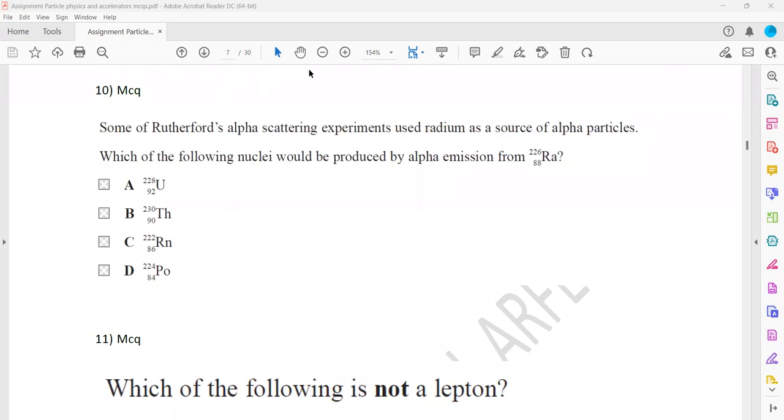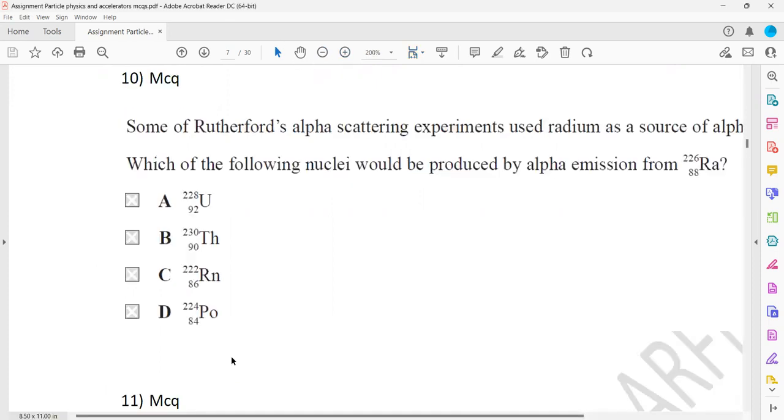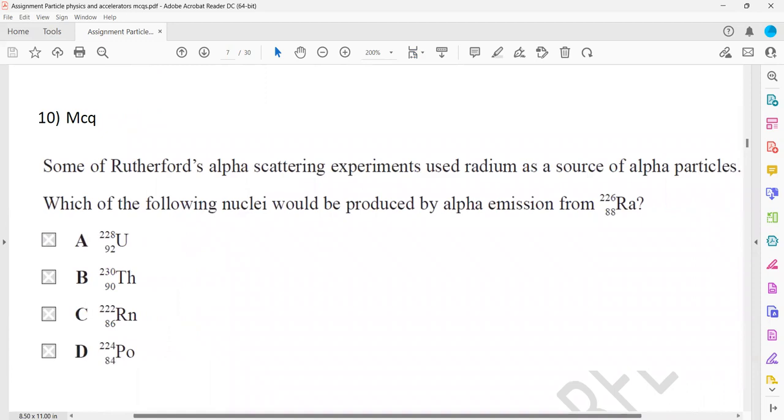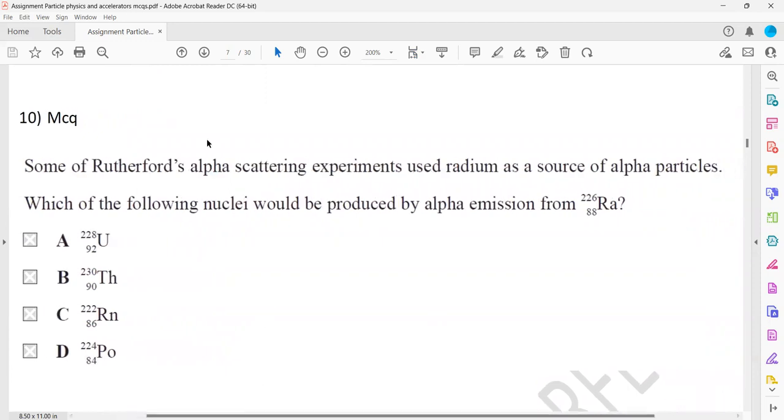In question 10, the Rutherford alpha scattering experiment used radium as a source of alpha particles. Which of the following nuclei would be produced by alpha emission from radium? Whenever there's an alpha decay, the atomic mass will decrease by 4 and the atomic number will decrease by 2. That's the equation.